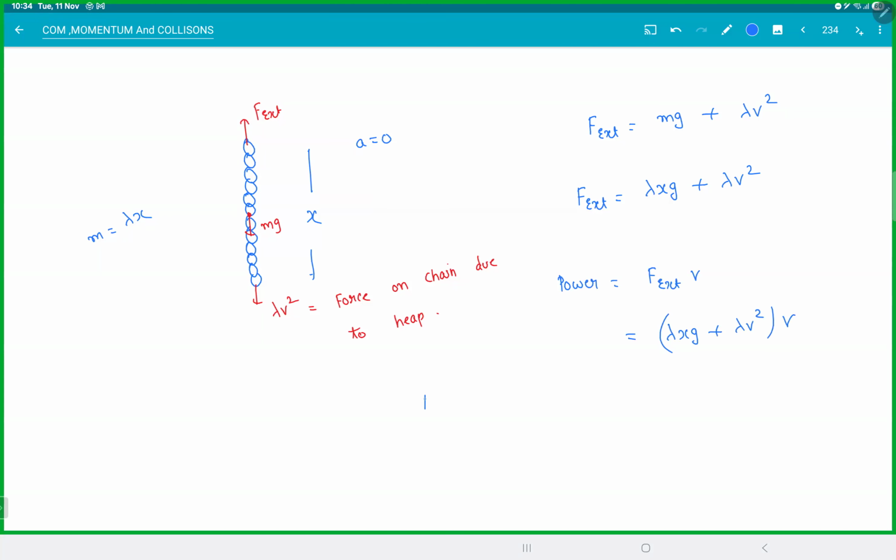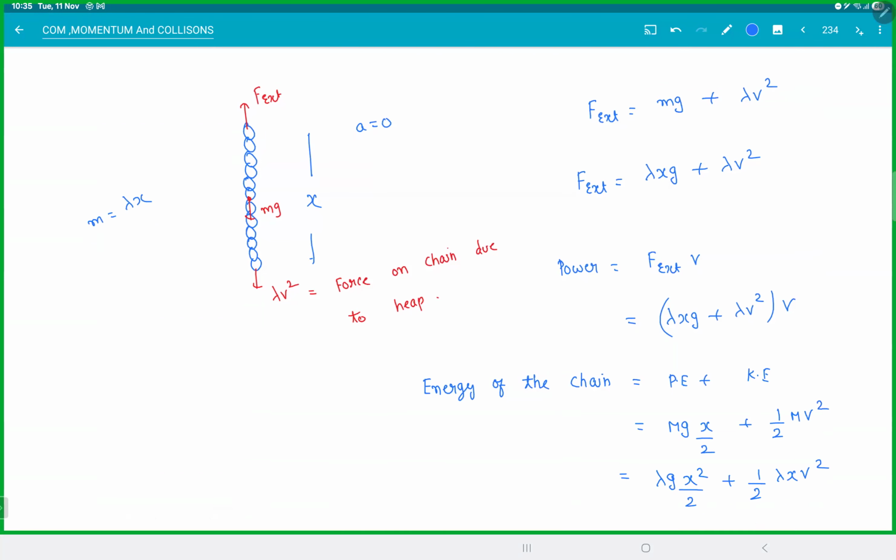And if you notice here, if you look at the energy of the chain, that will be potential energy plus kinetic energy. This will be mg x by 2, because you have to take the center of mass, plus kinetic energy will be half m v square. This comes out to be lambda g x square by 2 plus half lambda x v square. This is the energy of the chain at any instant.